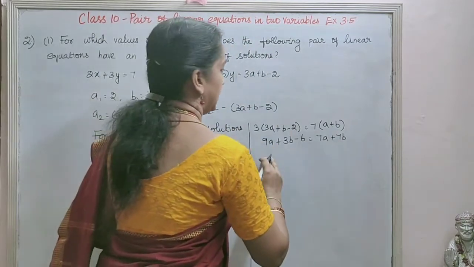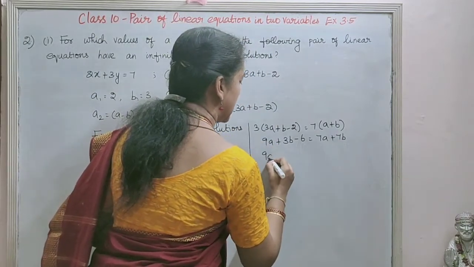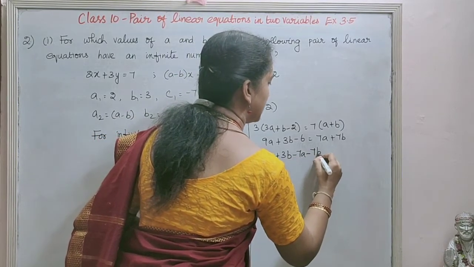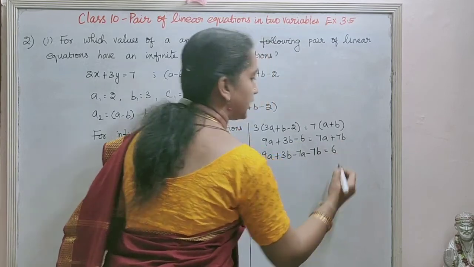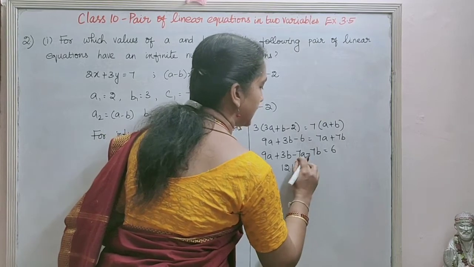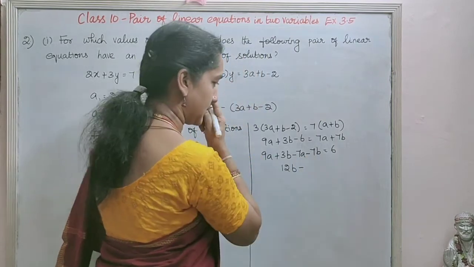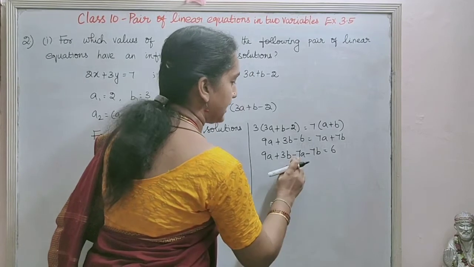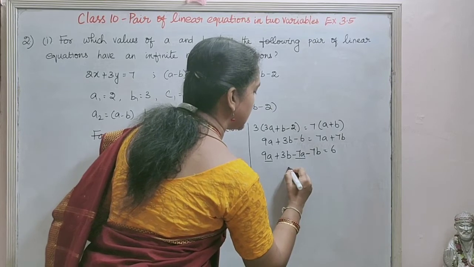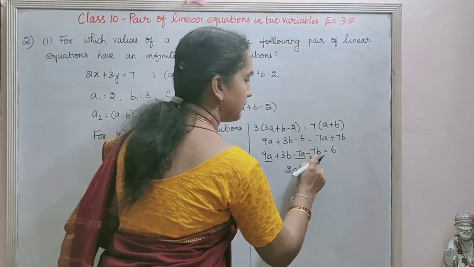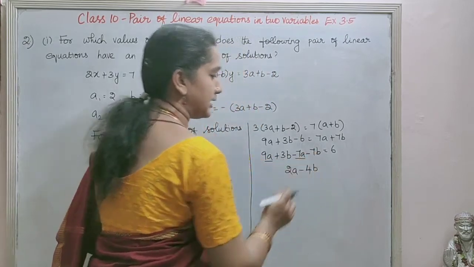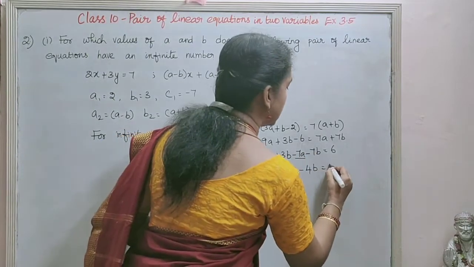Bringing a and b values to this side, 9a plus 3b minus 7a minus 7b is equal to 6. So 9a minus 7a is 2a, 3b minus 7b is minus 4b, minus 4b is equal to 6.